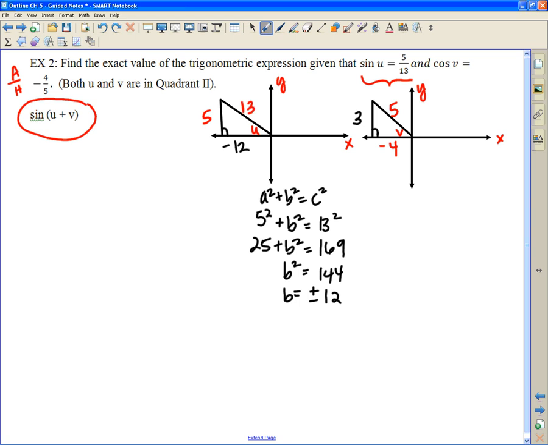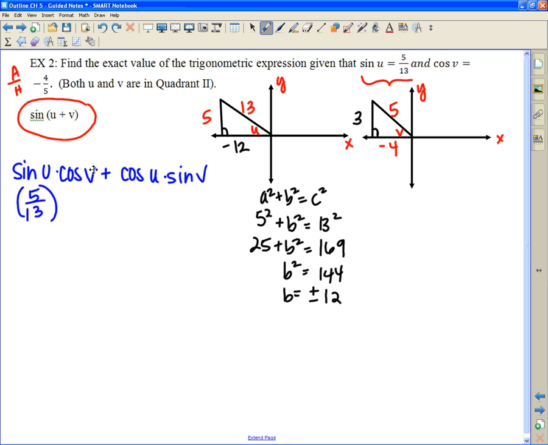Now we need to realize that we are doing the sine of a sum. So we will take the sine of u times the cosine of v. There's no sign change, it's a plus, cosine of u times sine of v. The sine of u is opposite over hypotenuse, right triangle trigonometry, 5 over 13.